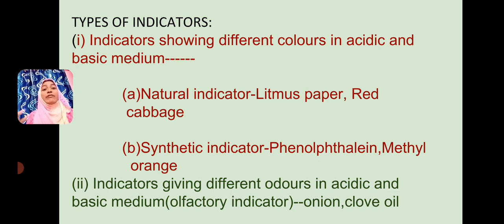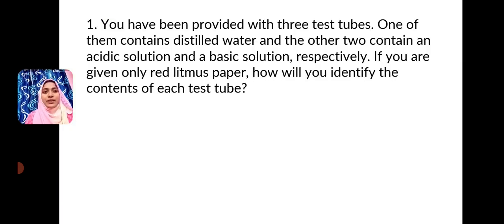This is called an olfactory indicator. For example, onion and clove oil, which are present in almost everybody's home. These are the types of indicators: natural, synthetic, and olfactory indicators.